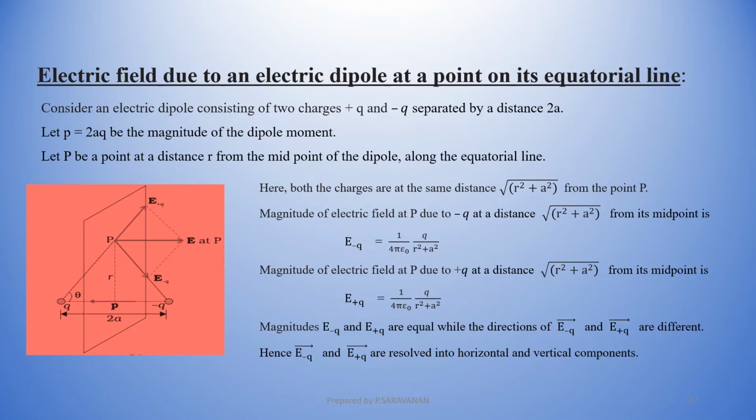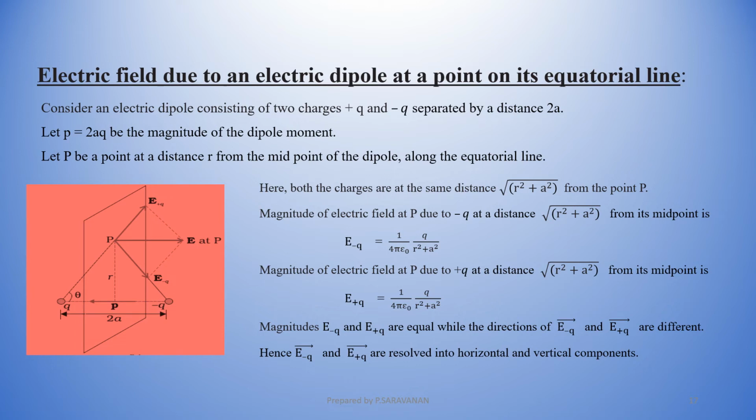Now let us derive an expression for the electric field due to an electric dipole at any point on its equatorial line. First of all, what is equatorial line? It is any straight line passing perpendicular to the axial line and also through the midpoint of the dipole.